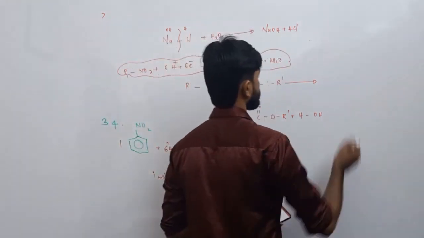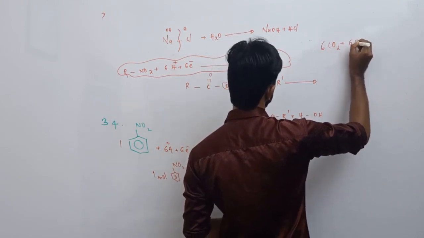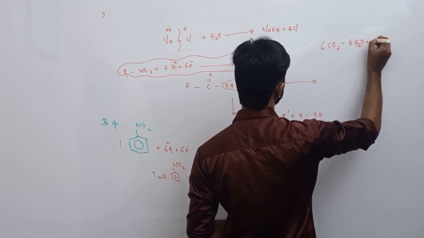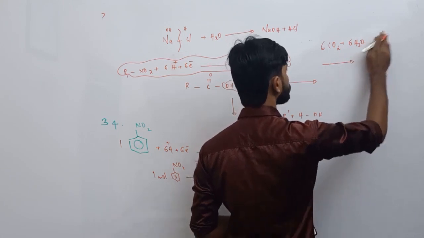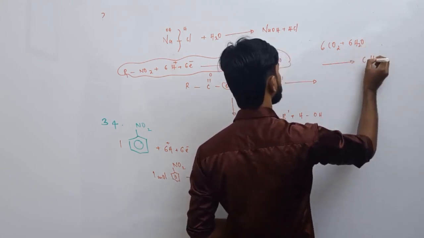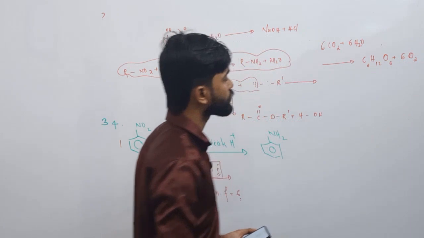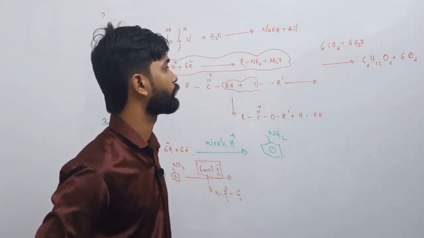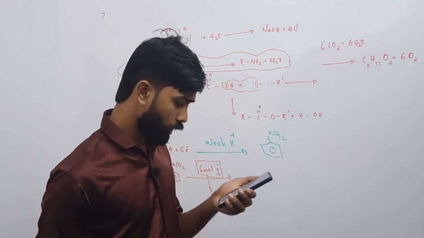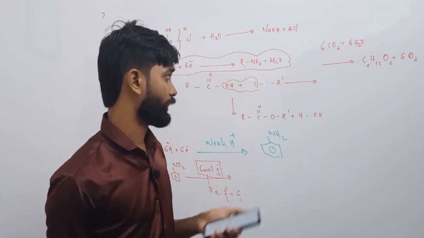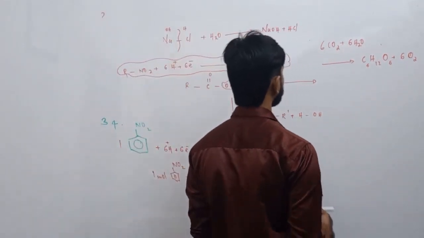You know the photosynthesis reaction: 6CO2 plus 6H2O gives C6H12O6 plus 6O2. I think this is the reaction in photosynthesis. So which one undergoes reduction?